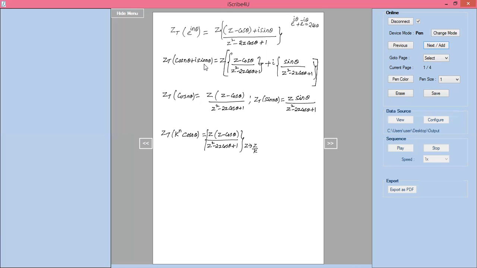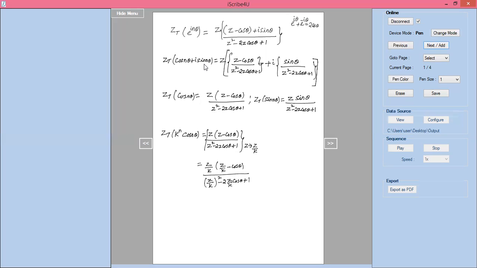Already we know that we replace z by k; that is the damping rule. Now if you replace, you get z by k into z by k minus cos theta divided by z by k whole square minus 2 into z by k cos theta plus 1.